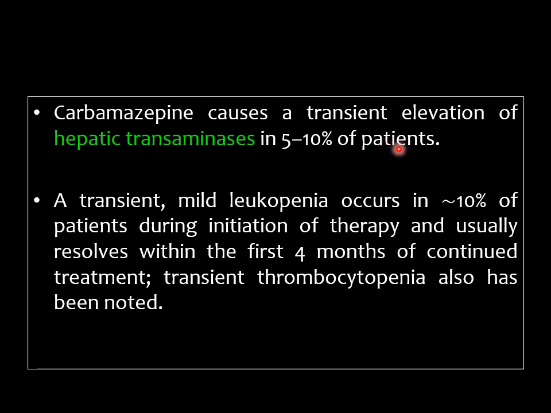It can also cause transient elevation of hepatic enzyme transaminases in up to 10% of patients. There may be some mild leukopenia in up to 10% of patients, especially during initiation of therapy. But this transient mild leukopenia may resolve within the first 4 months of continuous treatment with carbamazepine.